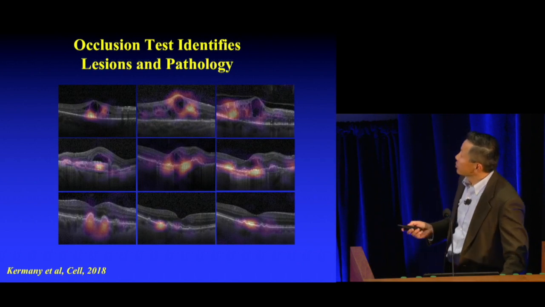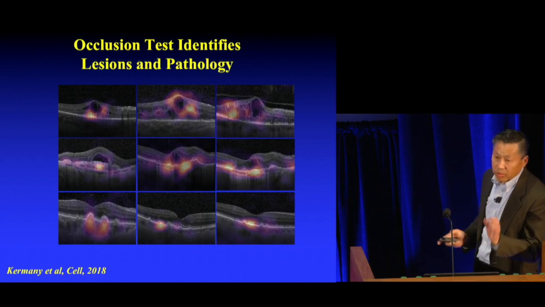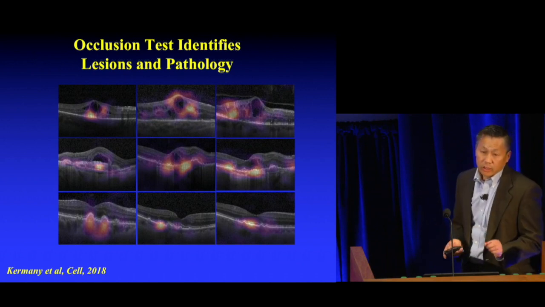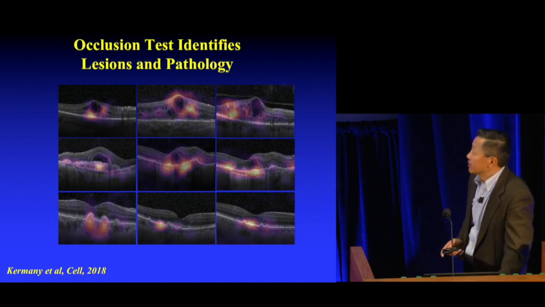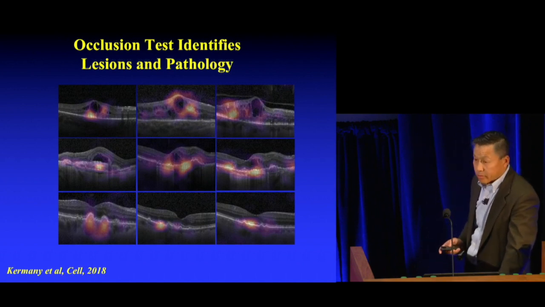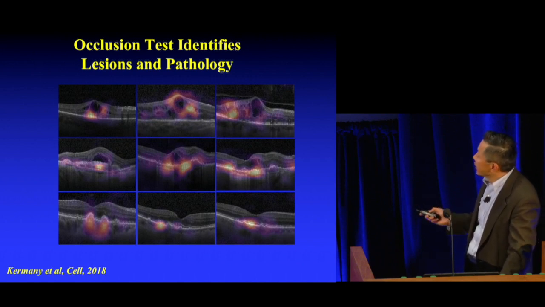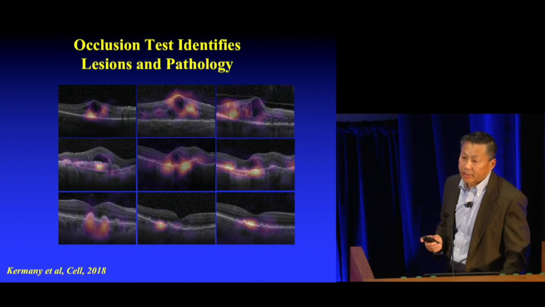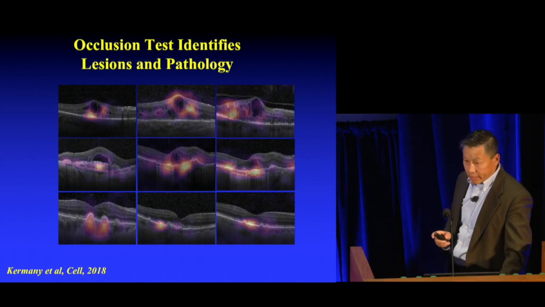What we did is use this occlusion test. I systematically put a black box around these images to ask the question: if you block those areas, do you degrade the accuracy of the diagnosis? And then I put a heat map on those. You can see in each case, inevitably, it's the lesion that the AI is looking at for diagnostic accuracy.